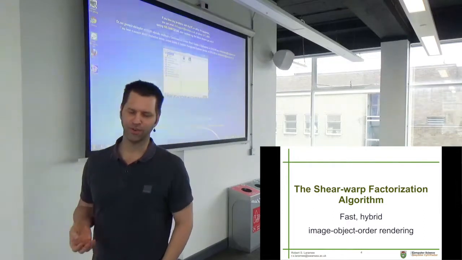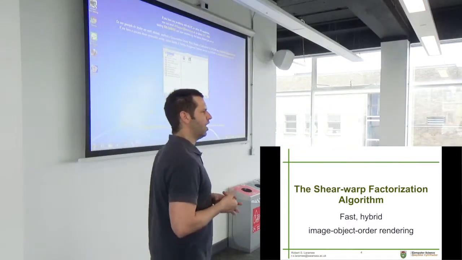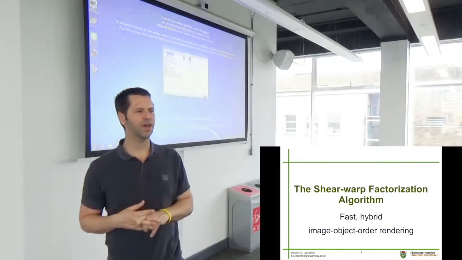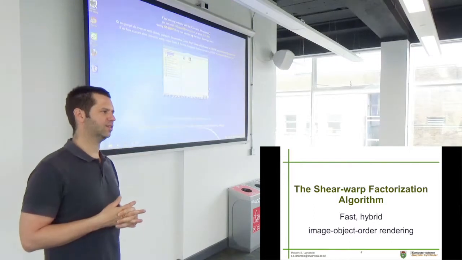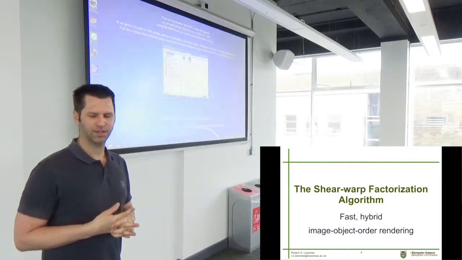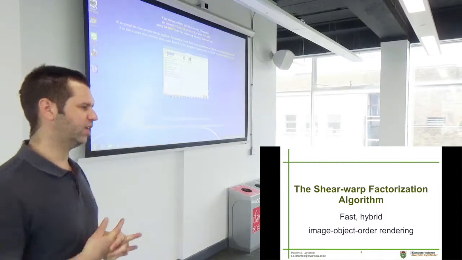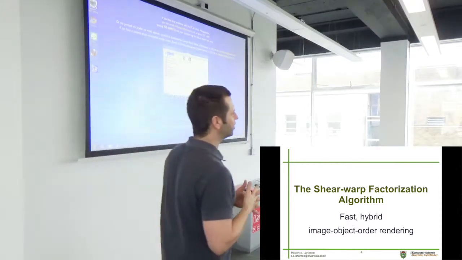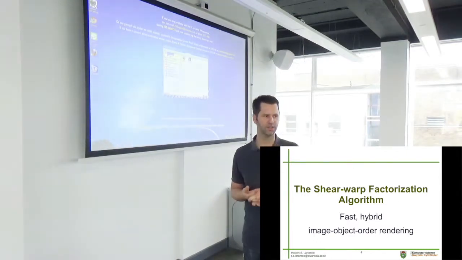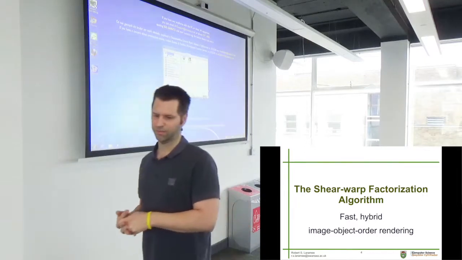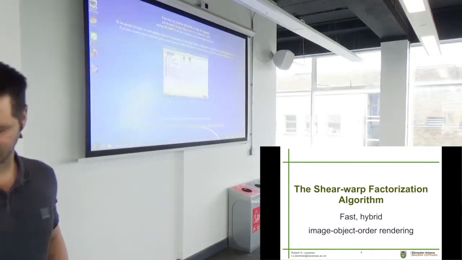The first ray casting algorithm took a long time to compute, and the idea is, is there something that can be done to accelerate that, to speed up the computation? That's what we're going to talk about, essentially acceleration techniques for ray casting. This particular algorithm is called the Shear Warp Factorization Algorithm.